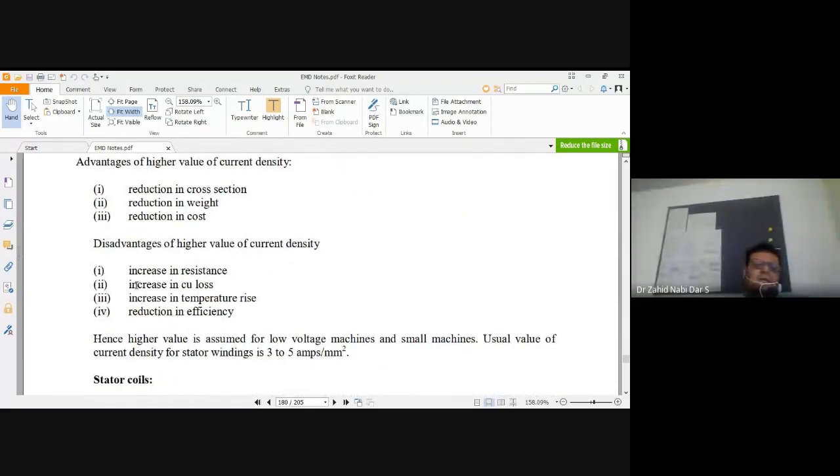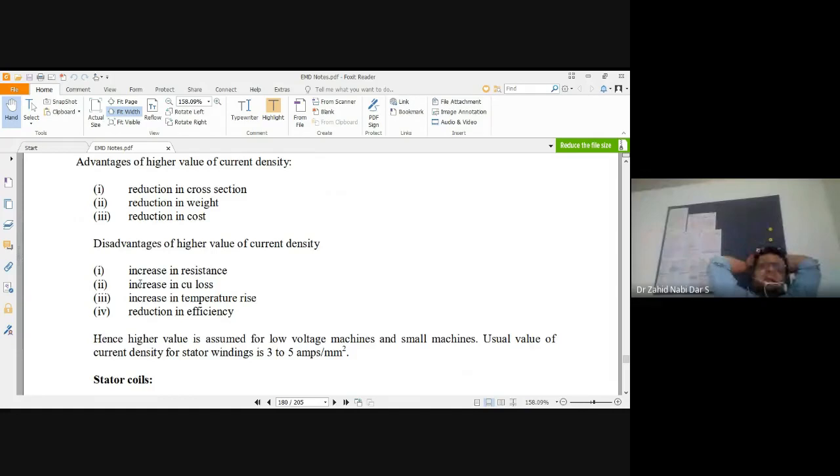Now, what are the disadvantages of a higher value of current density? If you have a higher value of current density, it increases your resistance. Once your resistance is increased with a higher value of current density, how does your resistance get increased? Current density is your current by area.